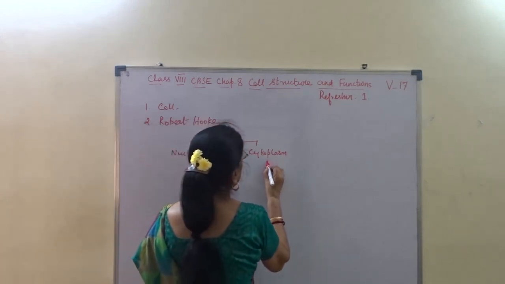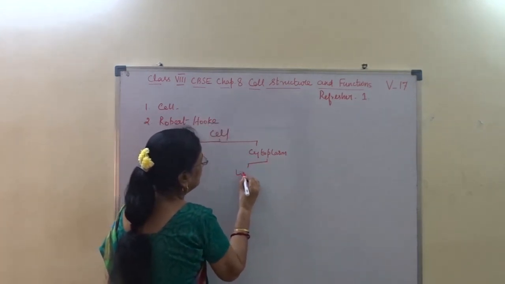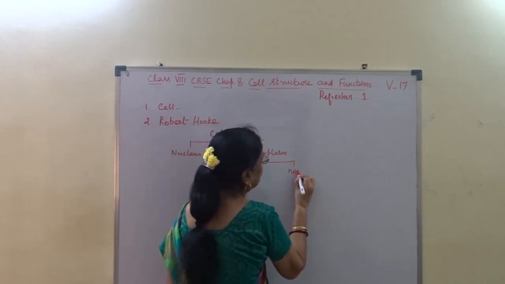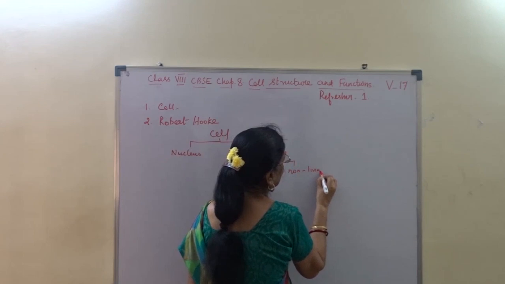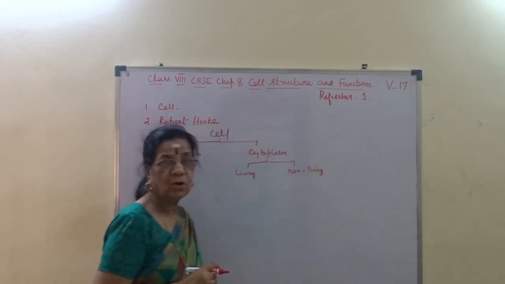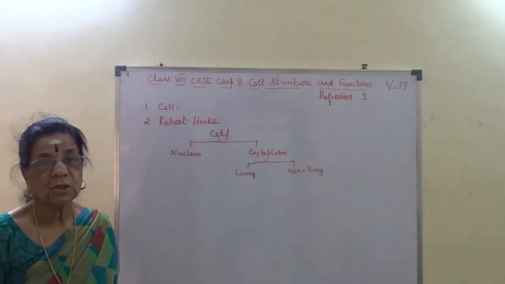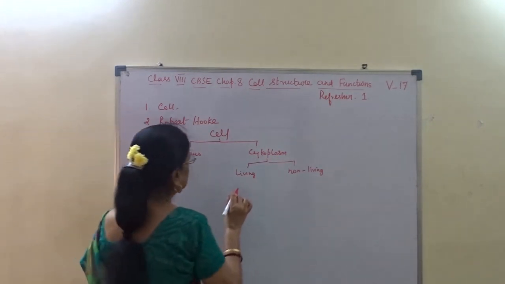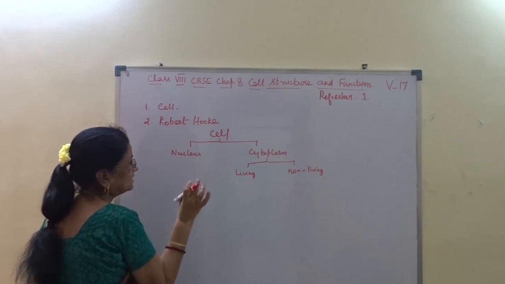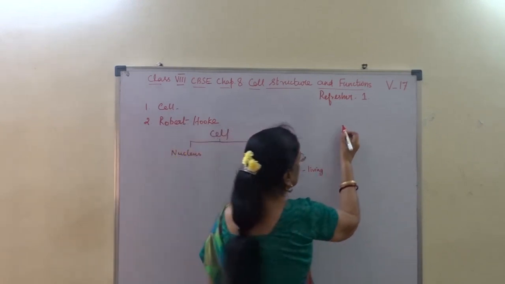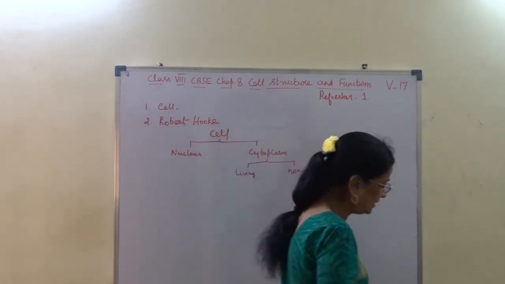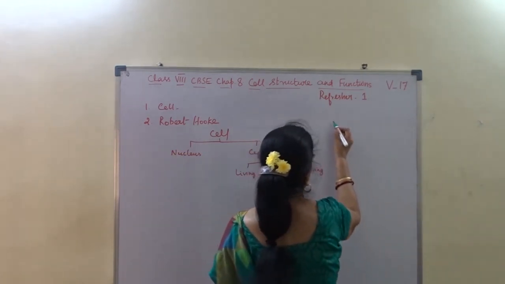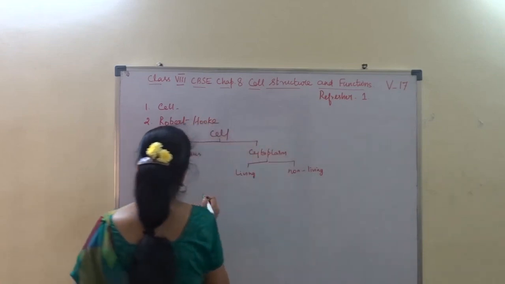This cytoplasm in turn is formed of living and non-living inclusions. Right? And then this cell, nucleus and cytoplasm, it is covered within the cell wall.